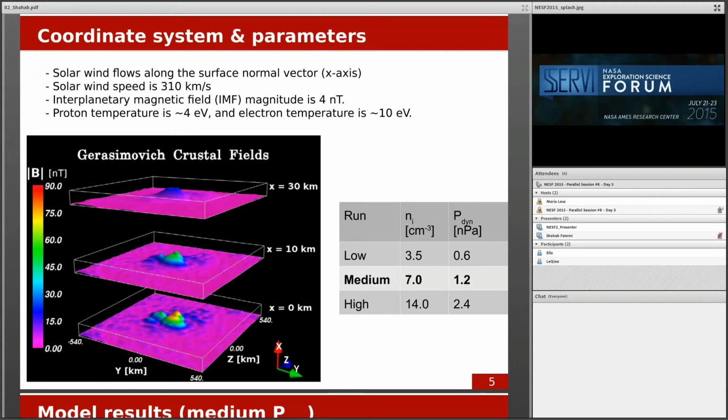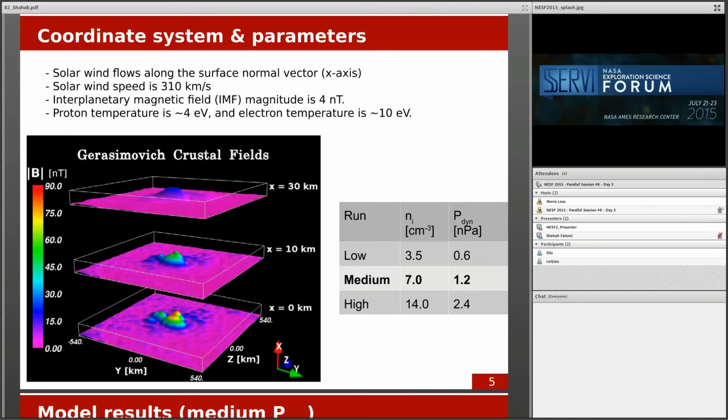The plus z-axis points to the north polar axis, and the y-axis completes the right-handed coordinate system. The solar wind flows along the x-axis, so it's always normal to the surface. And the upstream parameters applied into our model are listed at the top of this figure.